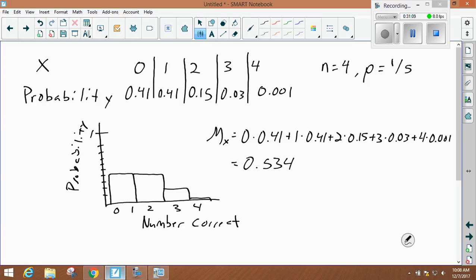It turns out that if we have a binomial random variable, we get something cool to happen.